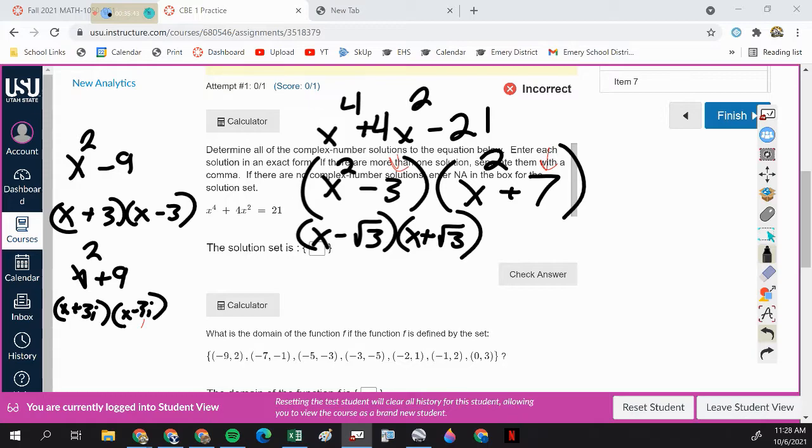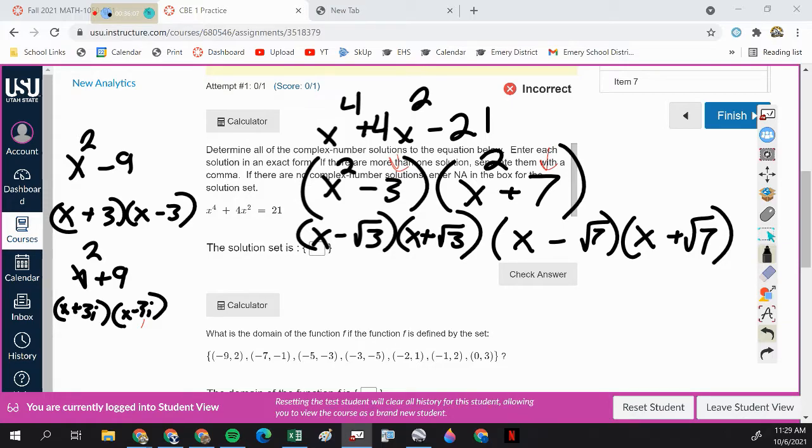You guys get that? What's the other one going to be? x minus something and x plus something. Well, it has to have a root 7 in it. But is negative root 7 times positive root 7 equal to positive 7?